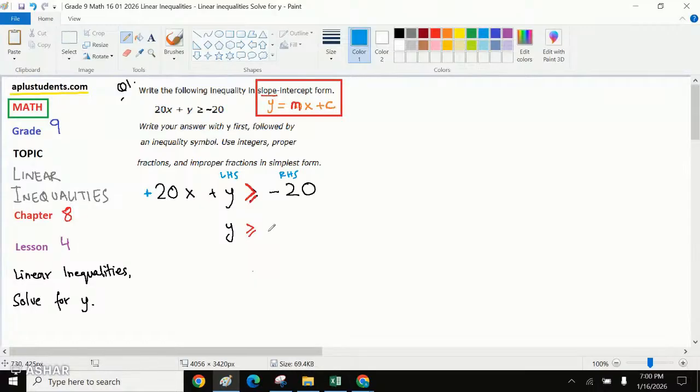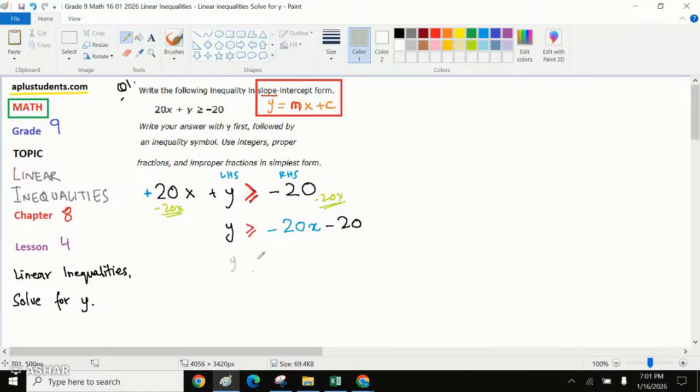It becomes a negative 20x and minus 20 stays as it is. Or we say we subtract 20x from either side. If we subtract 20x from either side, this would be cancelled out. So the slope intercept form would be this.